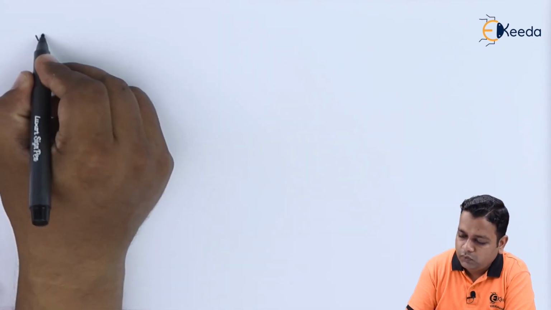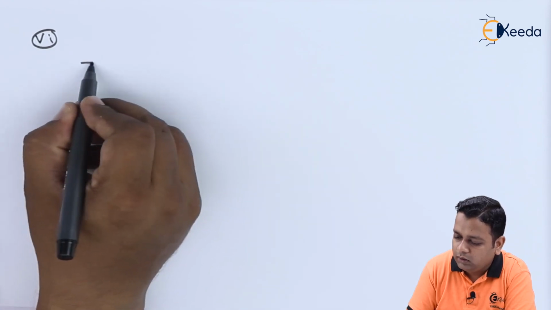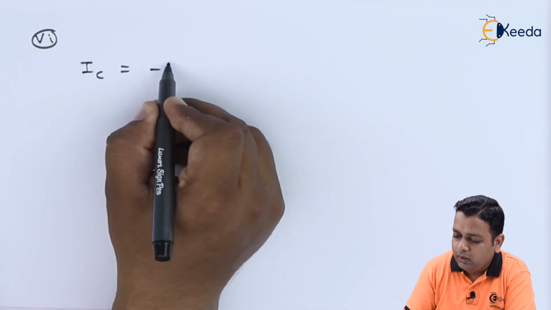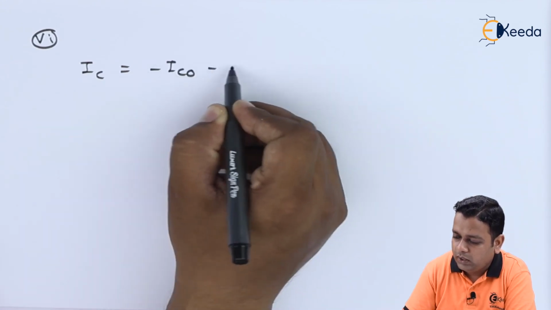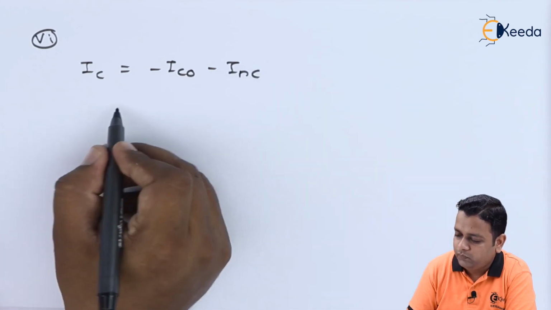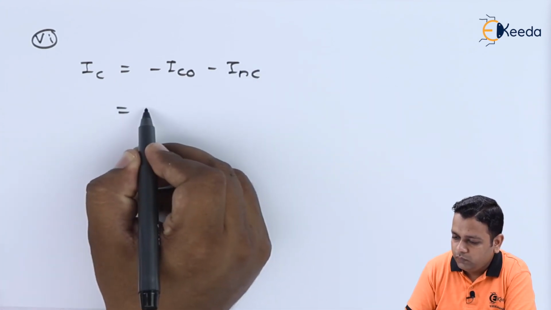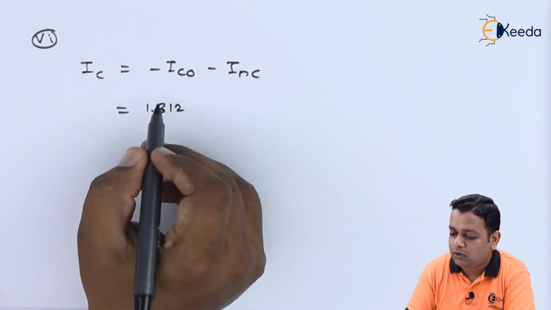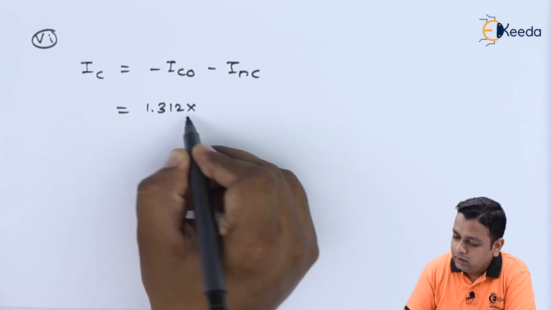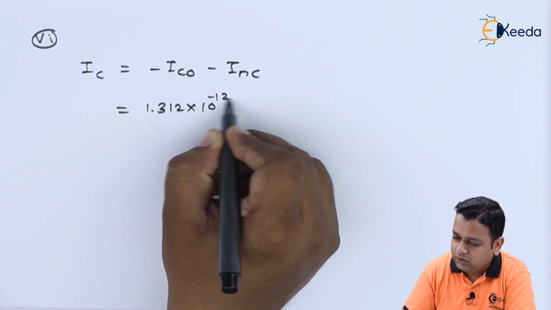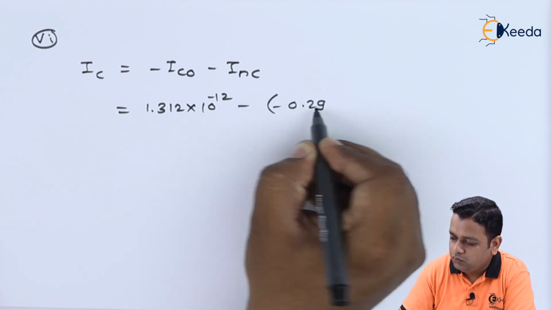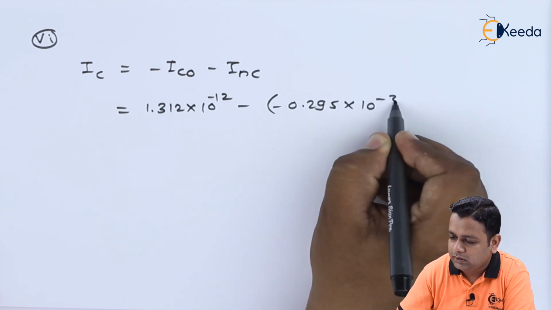The sixth value is now for the collector region. I mention here the collector current capital I suffix C. It is nothing but the computed values of minus of ICO minus of INC. So this will be 1.312, as it is minus, the magnitude we have determined to be minus, it becomes plus here, in multiplication to 10 raised to power minus 12, minus again a minus value 0.295 into 10 raised to power minus 3.